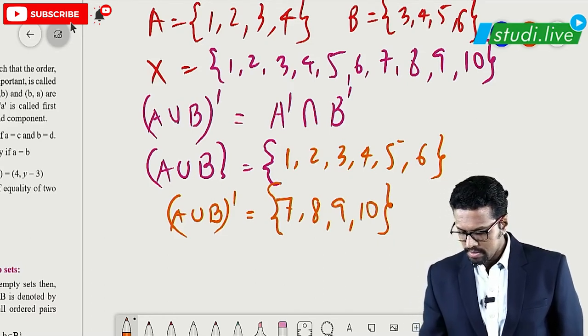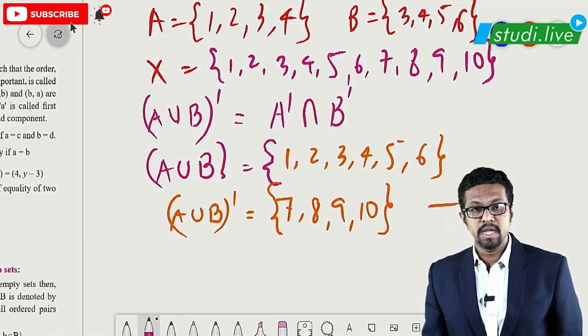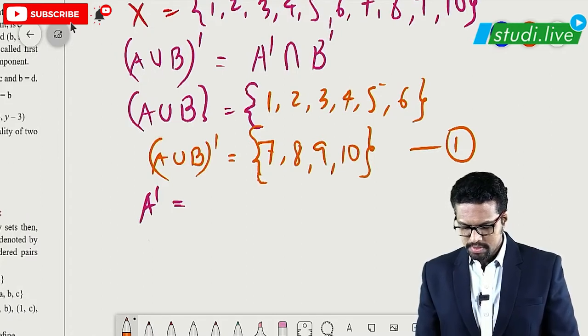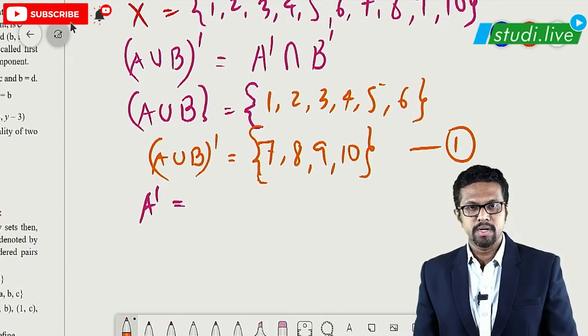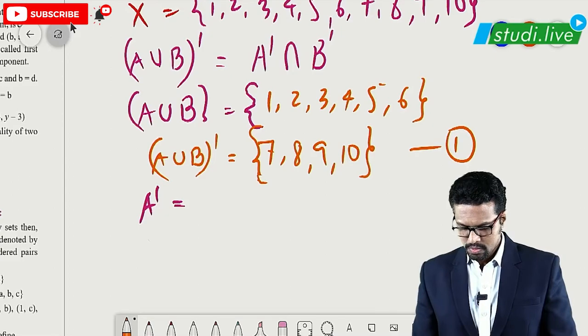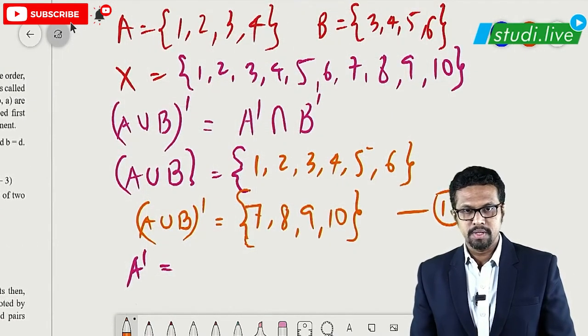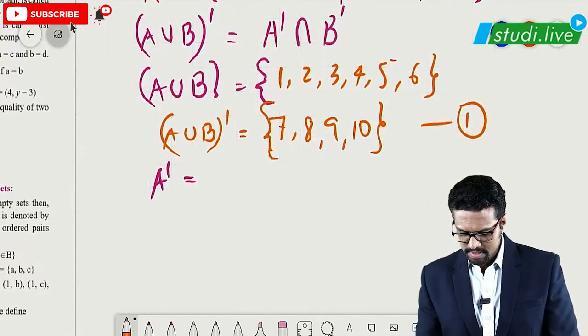Of course, we will write this as equation number 1, and then we will solve for A complement intersection B complement. The complement of A means removing 1, 2, 3, 4 from the universal set, so that will be 5, 6, 7, 8, 9, 10.